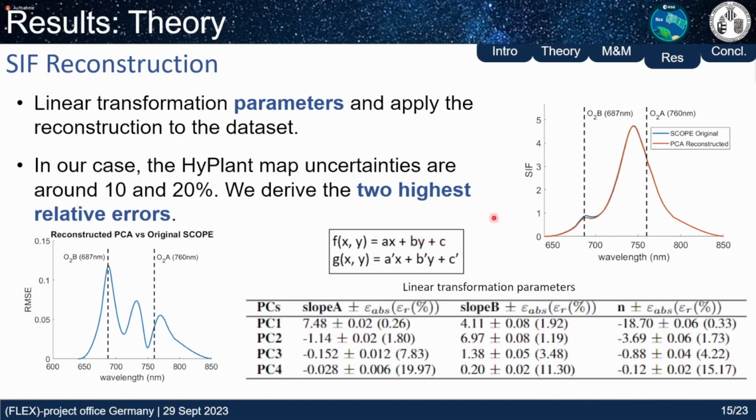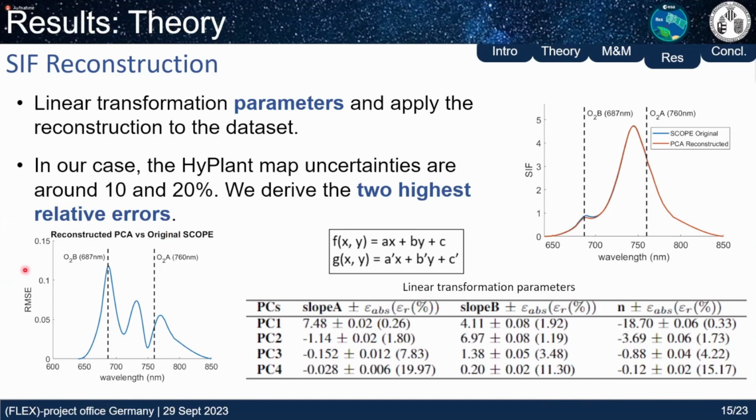So we applied these two principal components to obtain the full SIF reconstructed spectrum. And this is an example of this spectrum. The blue line is the SCOPE original, and the orange line is the PCA reconstructed. As you can see, it matches the original perfectly, and we computed the root mean square error for all the spectra.